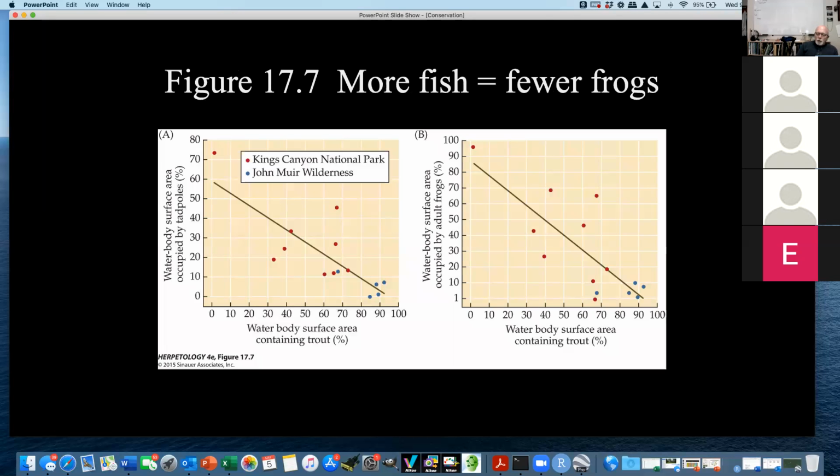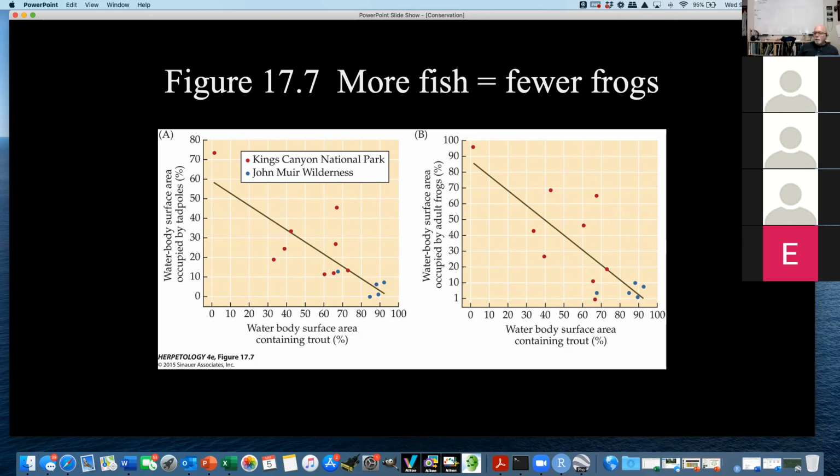Introduced species is a complication because introduced species can either create competition for native species, or they can actually be predators on those native species. And so in the mountains of the western United States, the Sierra Nevada mountains, there are all of these high elevation ponds that used to be the breeding area of some species of frogs that live at high elevations in these mountains.